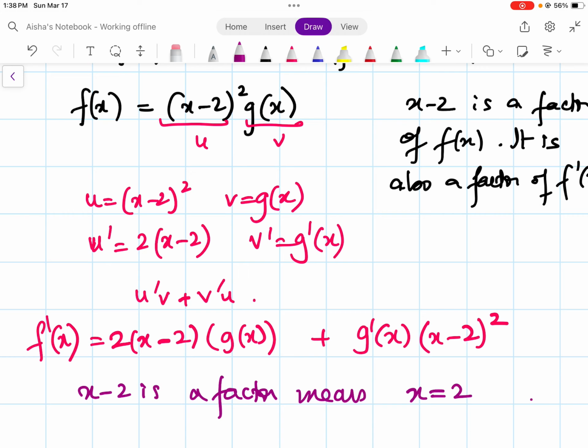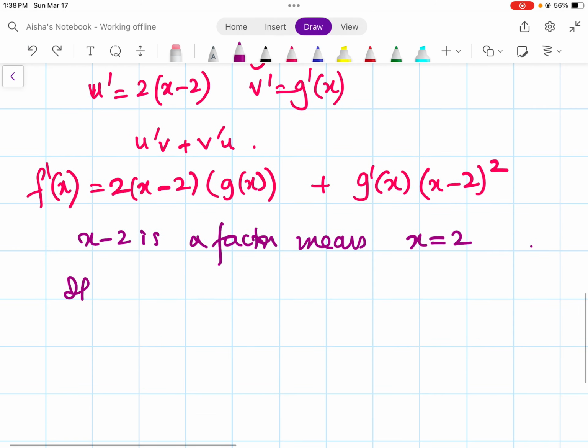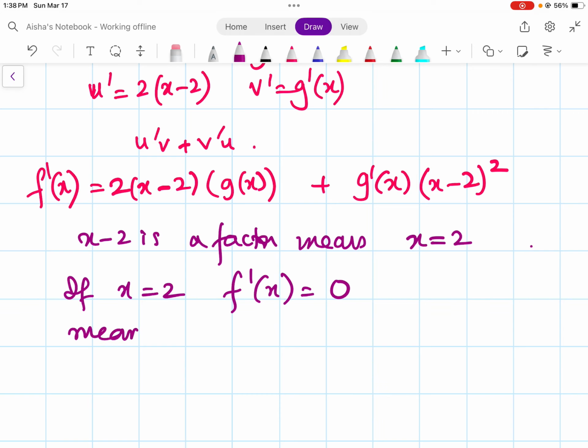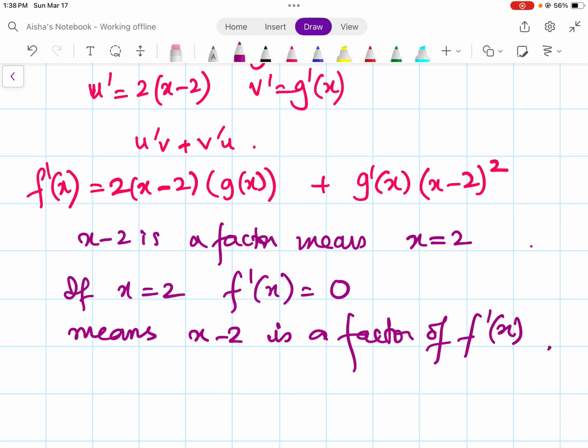If you put x equals 2, this cancels out, this cancels out. So if x equals 2, f bar x is equal to 0. Means x minus 2 is a factor of f bar x. Does it make sense?